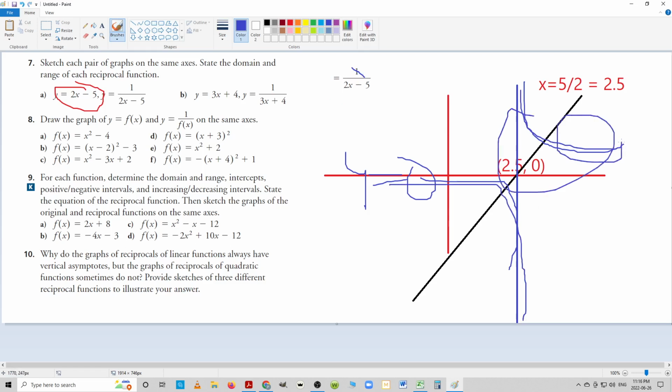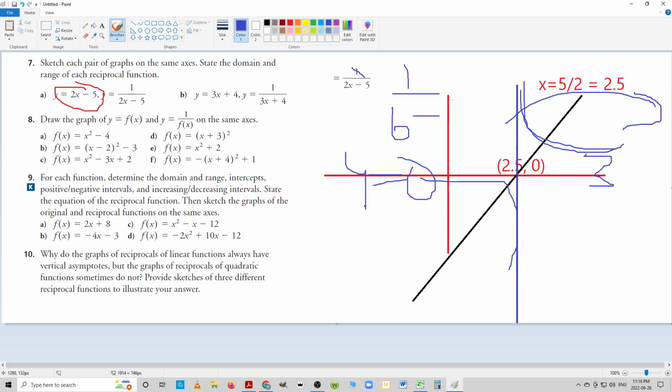To confirm if it's positive, just pick a value to the right of the asymptote, like 3. So 3 becomes 1 over 6 minus 5, which becomes 1 over 1, which is positive 1. So clearly at 3, that's going to be one of the main dots.